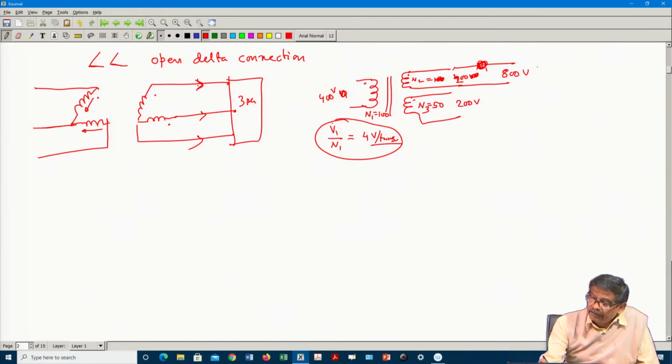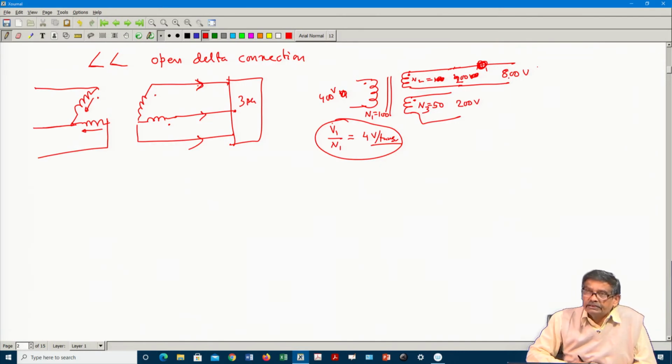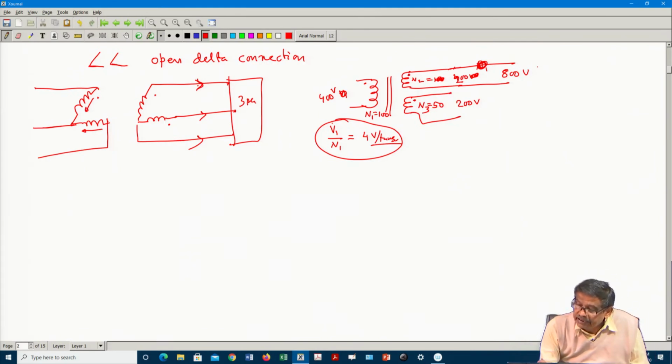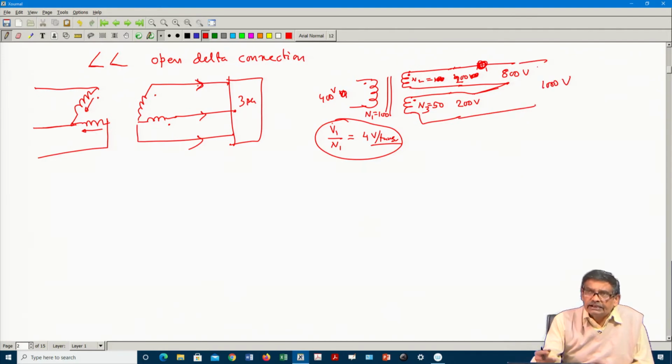Now, the polarity of the transformer, as I told you, this is dot, this is dot. Now, suppose from this you want to get 1000 volt, then what should you do? You should connect them in series like this, because minus to plus, and you will get 1000 volt. It depends on whether you add the coil voltages in additive mode or subtractive mode.